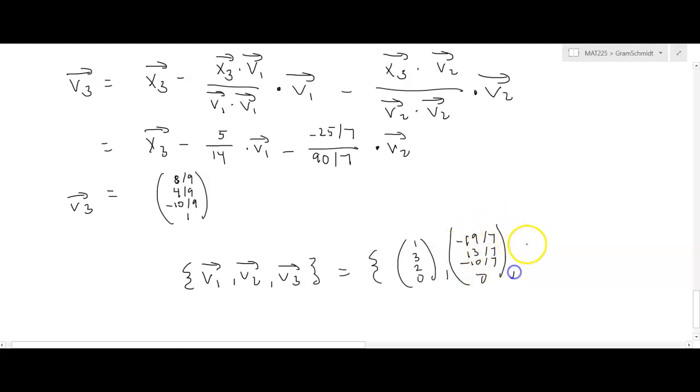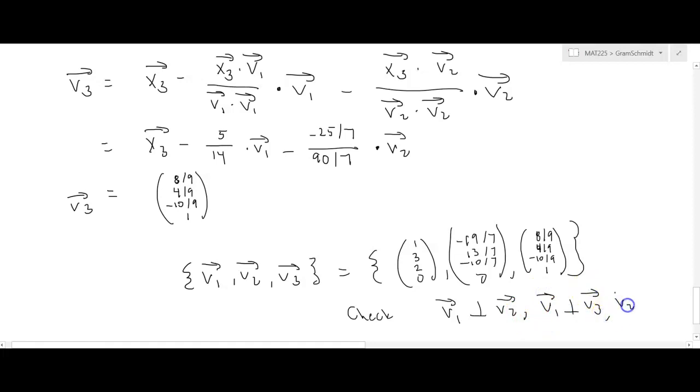And then our third vector that we just obtained was 8/9, 4/9, negative 10/9, and 1. We should be able to just check that v1 is orthogonal to v2, v1 is orthogonal to v3, and v2 is also orthogonal to v3. And that's the Gram-Schmidt process.